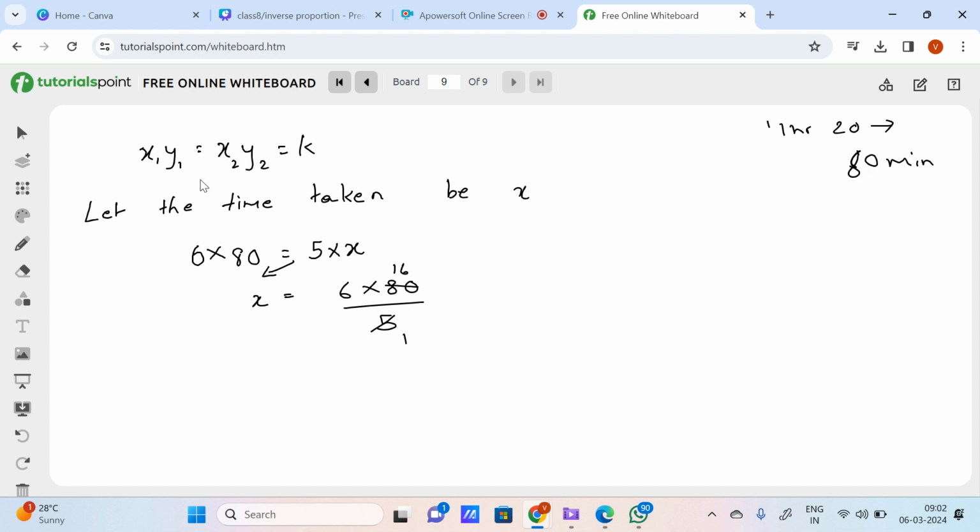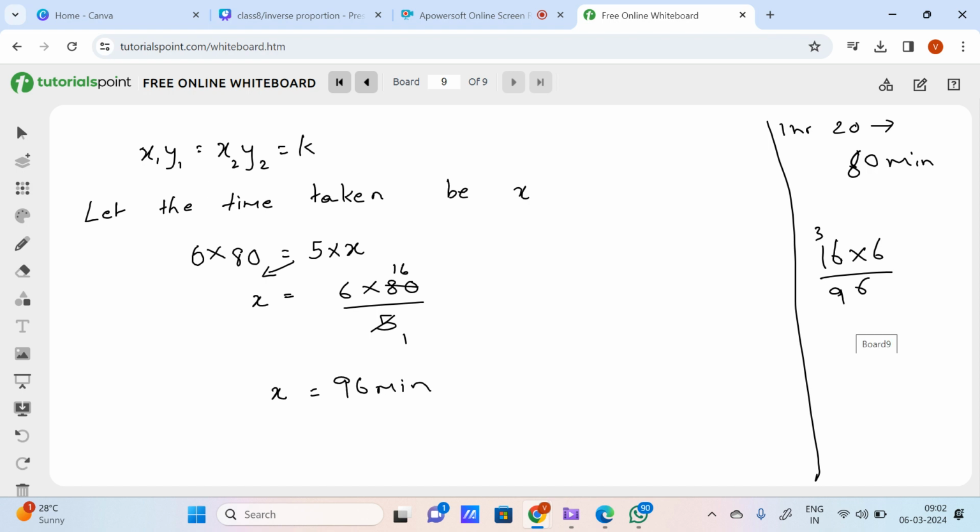So I get 16 multiplied by 6, that's nothing but 96. So that is 96 minutes. Now, if I have to write it in hours and minutes, then I'll just subtract 60 from here, which leaves 36.